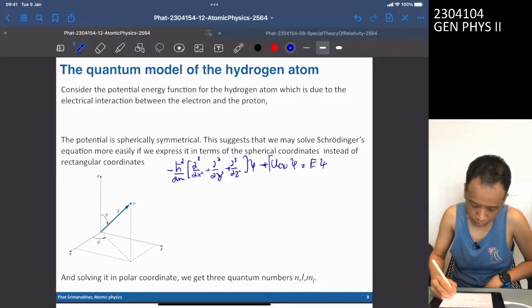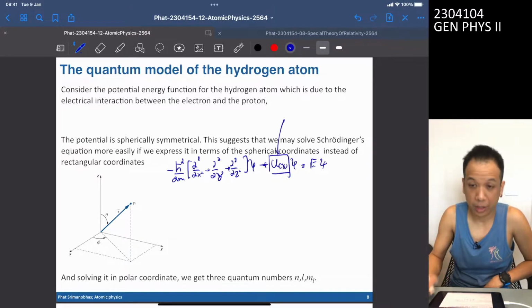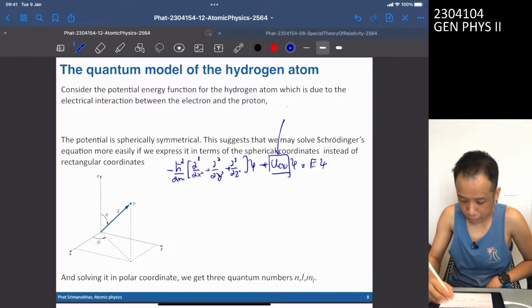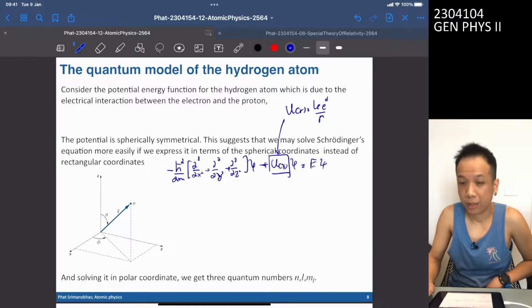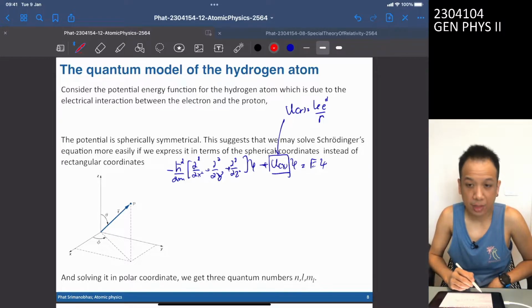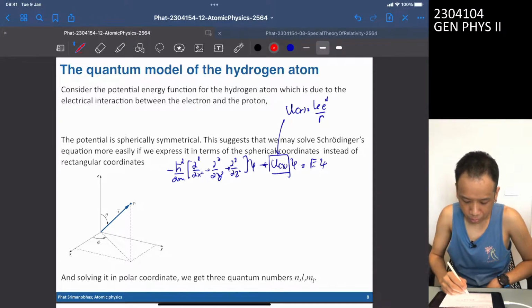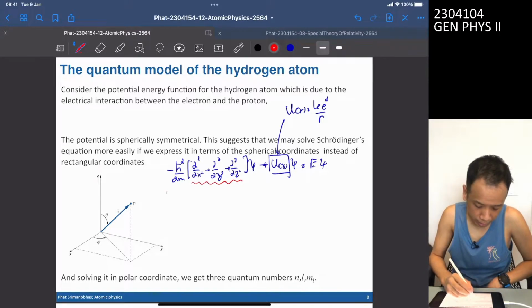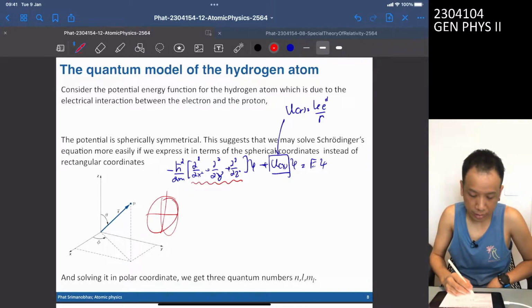First we need to talk about the potential energy. It's the electrical potential energy, so you have U of r equal to k e square over r. Now you're going to try to solve it. However, you see that the system is difficult to describe in Cartesian coordinates, because we are talking about something in a circular orbit.